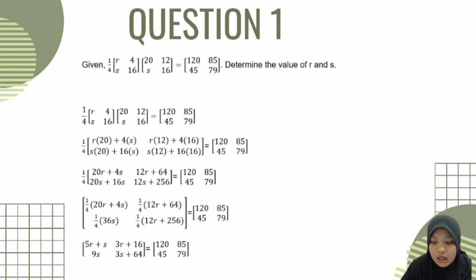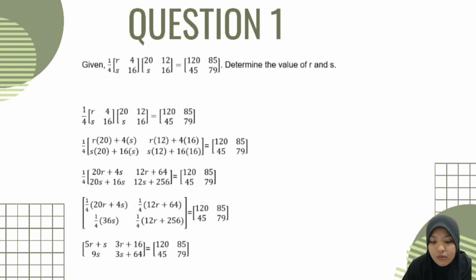For Question 1, the question is: given 1/4 of matrix [R, 4; S, 16], and matrix 2 is [20, 12; S, 16], equal to matrix [120, 85; 45, 79].